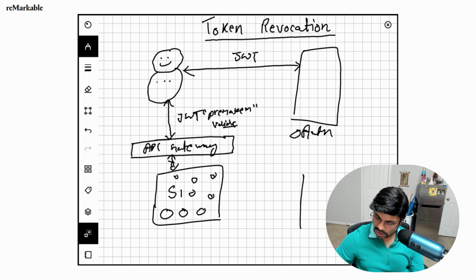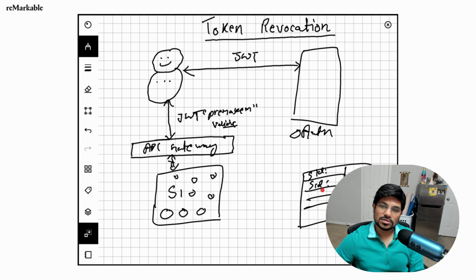In the traditional way, you had a token, probably a session ID. As soon as the user logs in, he would get a session ID, and as soon as you want to invalidate this session ID, you delete this entry against this user. So next time the user comes and his session is not there, he can't log in or do anything. This system was good, especially when you had to do revocation.